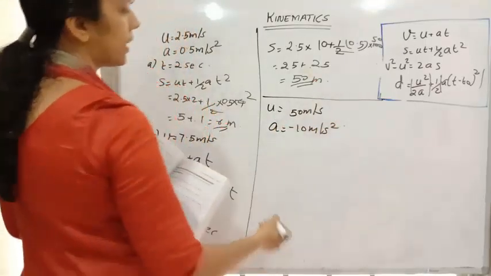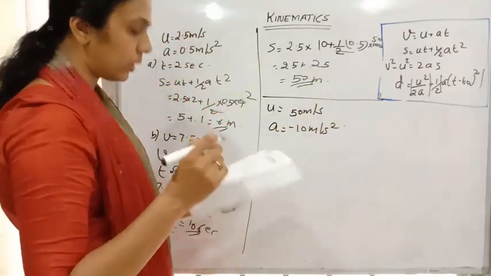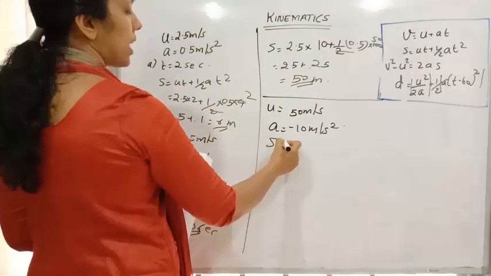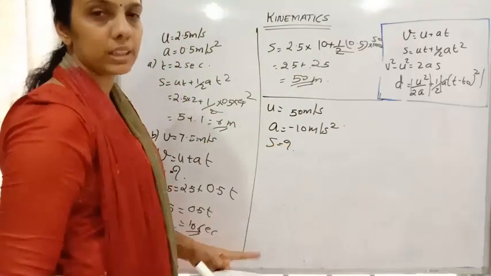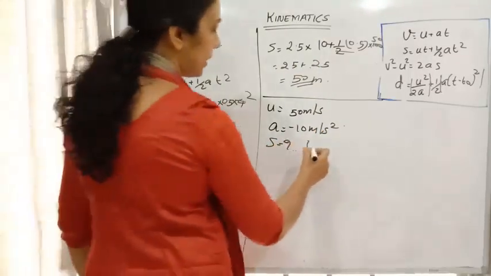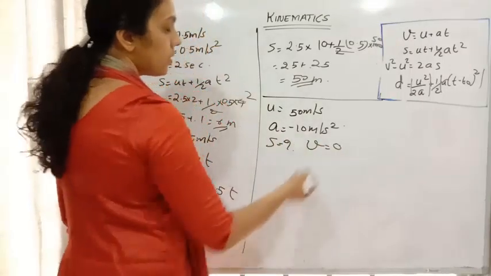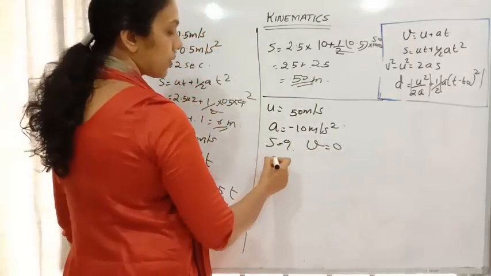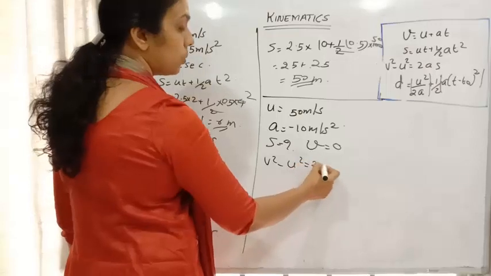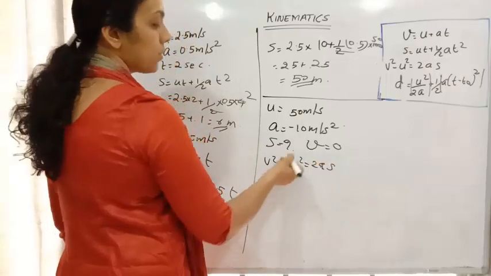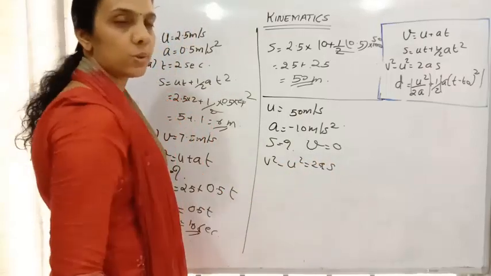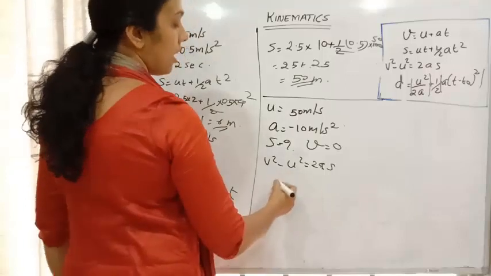So how can we find out the maximum height? When it is coming to the maximum height, we know velocity will be equal to 0. V square minus u square equals 2as, that is the formula. So in such cases, you can take it as u square equals 2as.